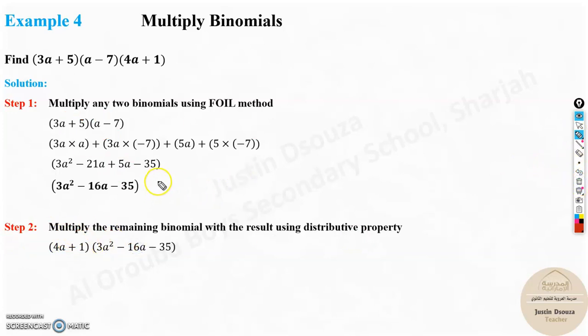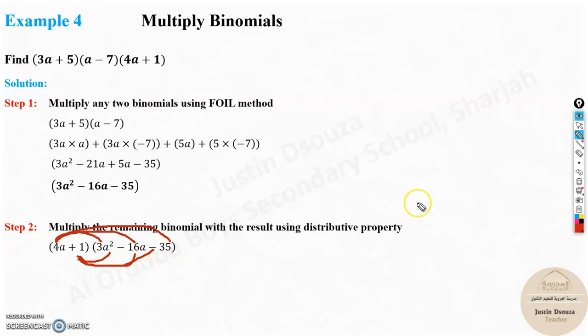Always it's better to keep the smaller term. If you have a binomial and a trinomial, keep the binomial in the beginning to multiply. What we do is distributive. So this is distributed throughout. Multiply 4 times 3a squared, 4 times minus 16a, and 4 times minus 35. Then you must multiply this a with all these three terms.